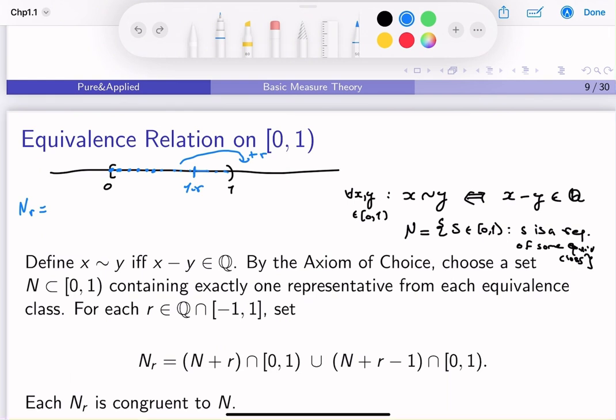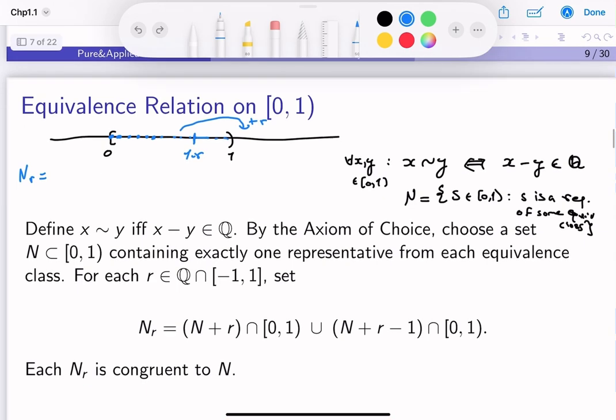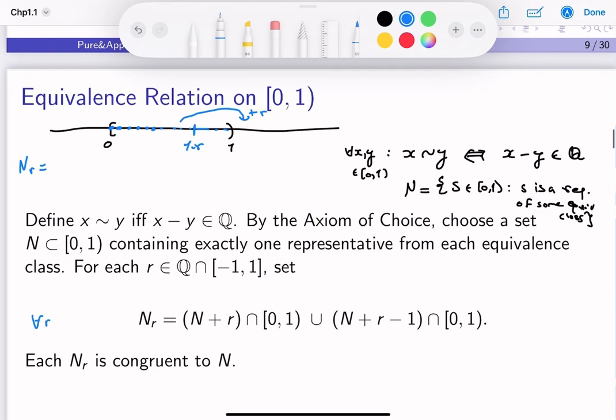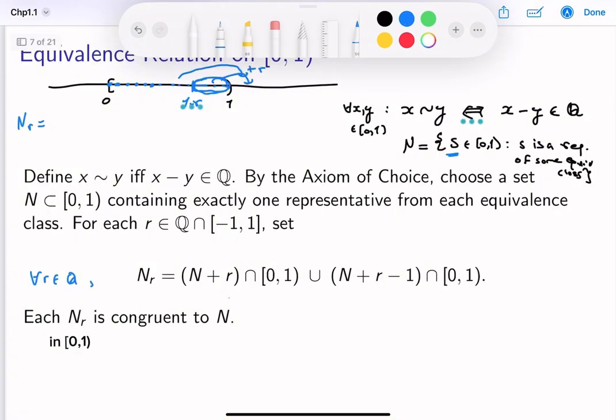So I'm going to subtract 1 and bring them back. So overall, for every rational number r, we can define a set N_r, and I probably have a typo here. This is not quite true. This is not the N_r that we want.